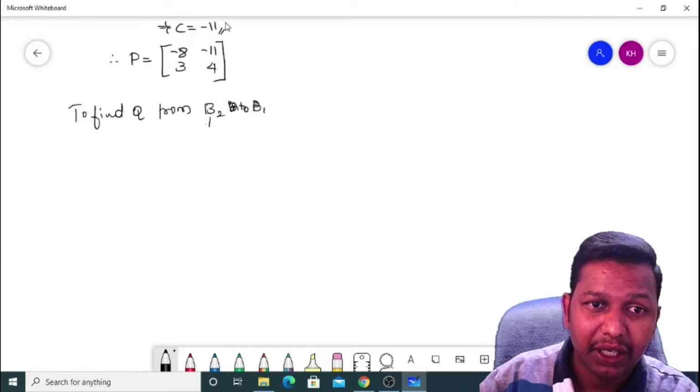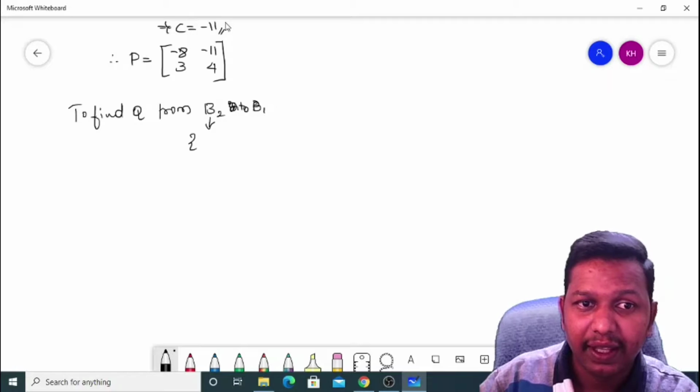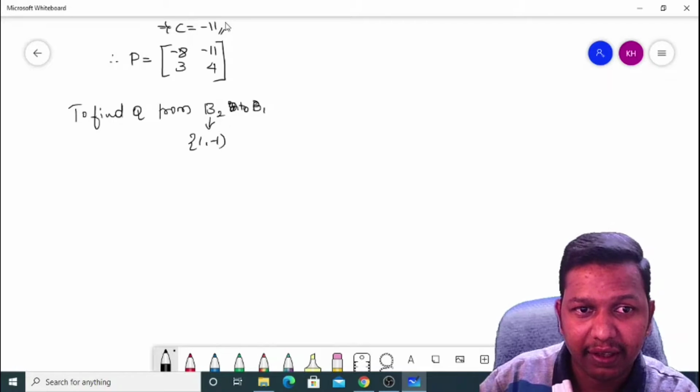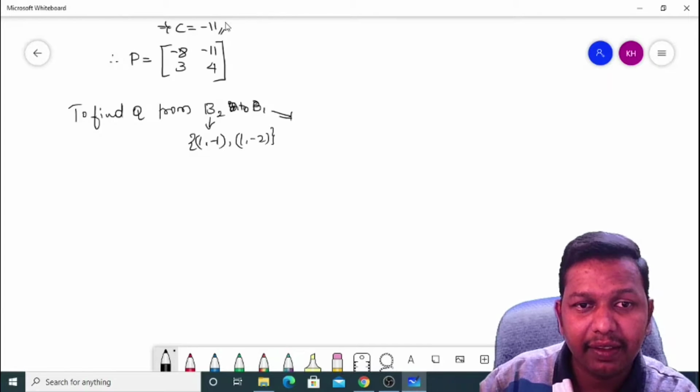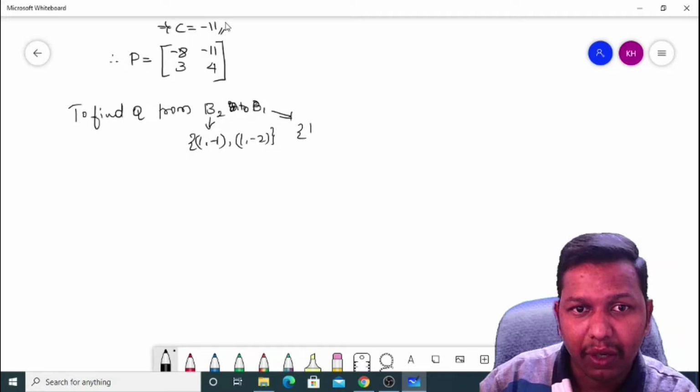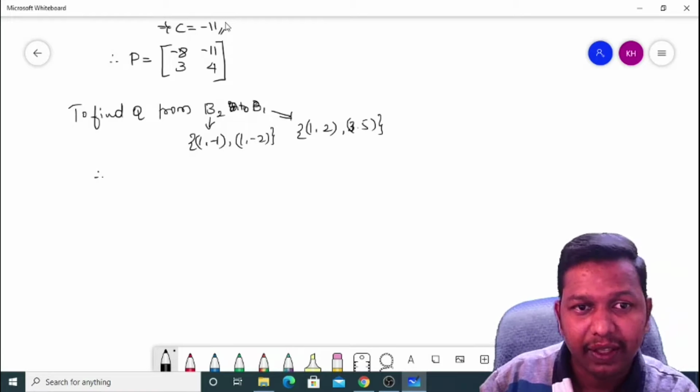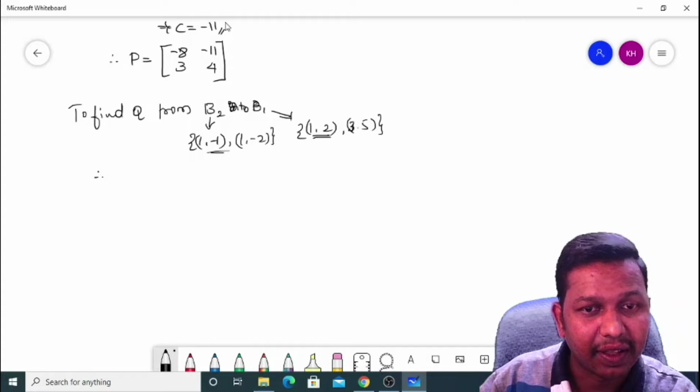So B2 is the set {(1, -1), (1, -2)} and B1 is {(1, 2), (3, 5)}. Therefore, we have to express these elements as a linear combination of these.